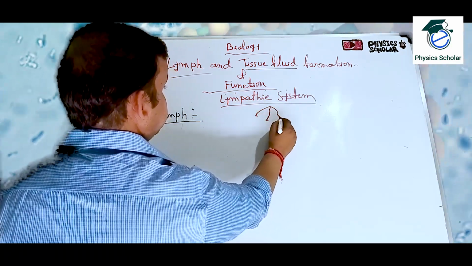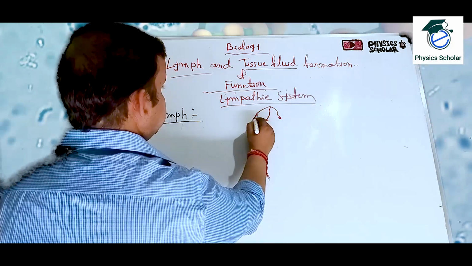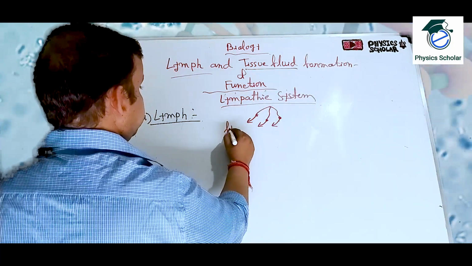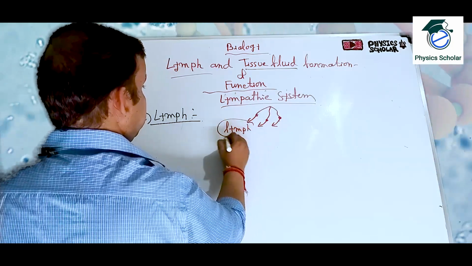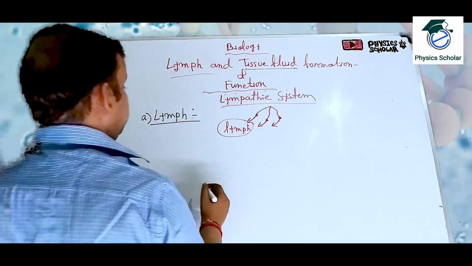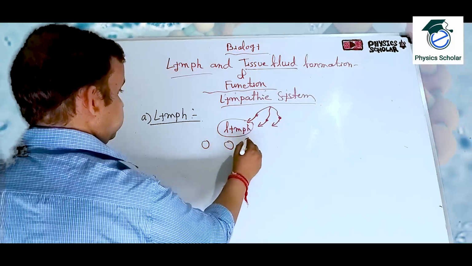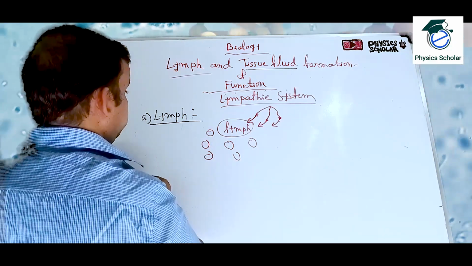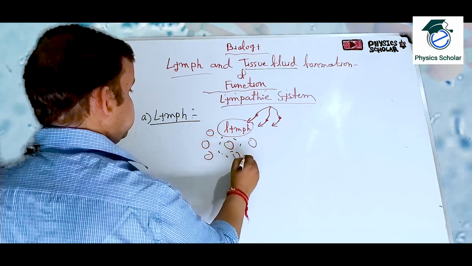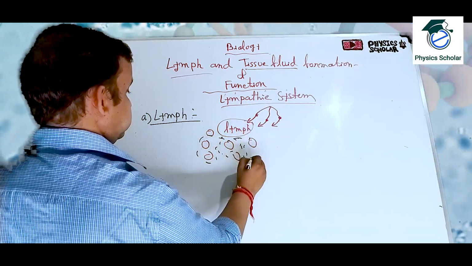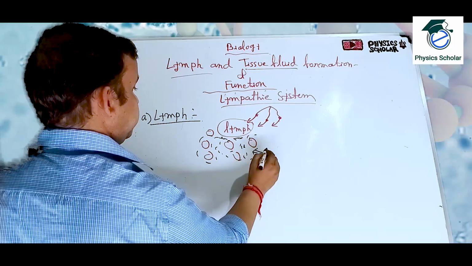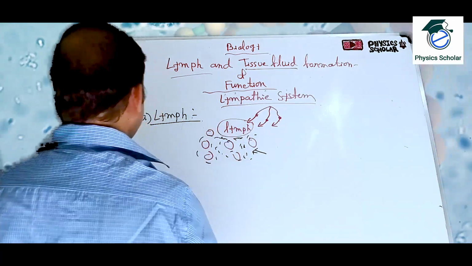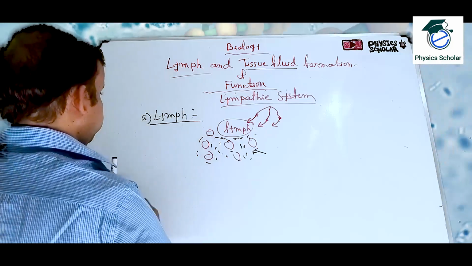From the blood capillaries, just like the tissue fluid, the lymph will come out and take a place between the tissues. It will be deposited between the tissues. So lymph is that liquid.